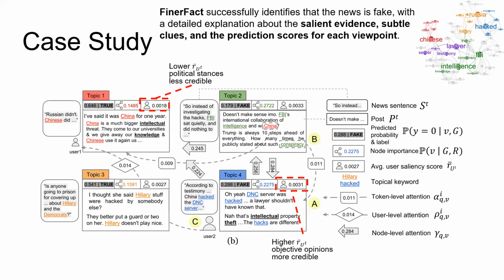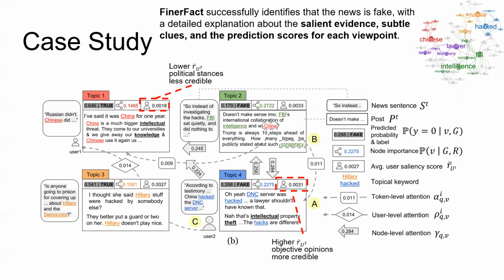However, if we observe the node importance, such as 0.1485, and also the average user salience, which is 0.0018, we can see that this node should not play a very important role in determining the truthfulness of the news, because the users might not be very credible, and also the model predicts that this evidence node weighs less in the final prediction.